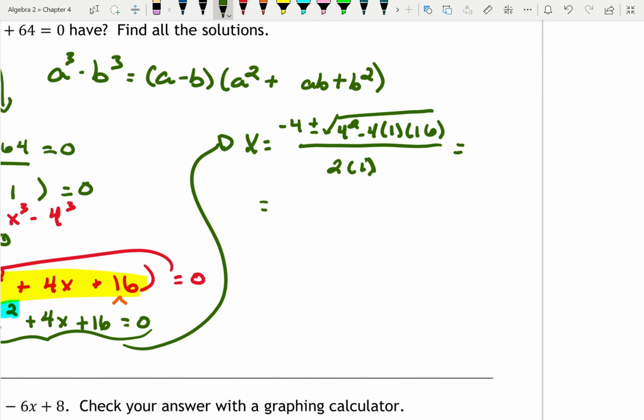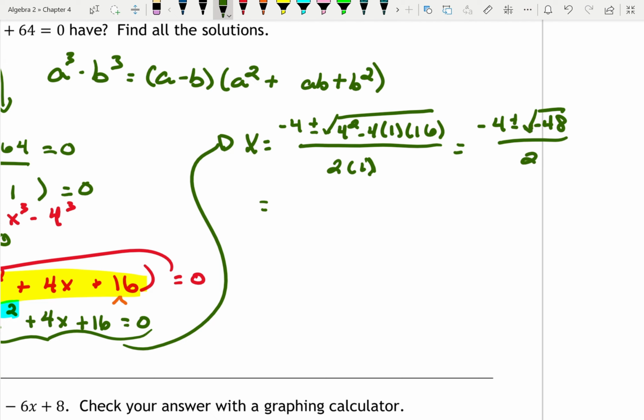I'll write this right here. I'm going to type the discriminant into my calculator. That's the piece under the root. So 4 squared minus 4 times 16 gives me negative 48. So I'm going to do negative 4 plus or minus the root of negative 48, all over 2.